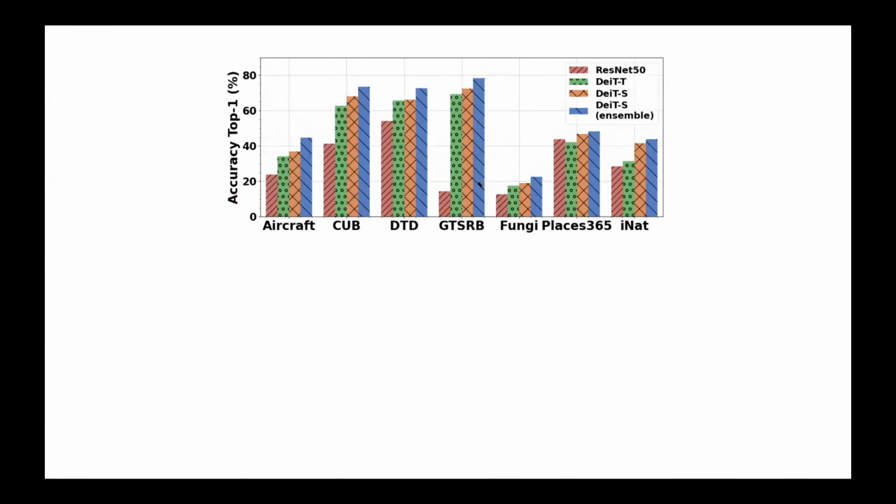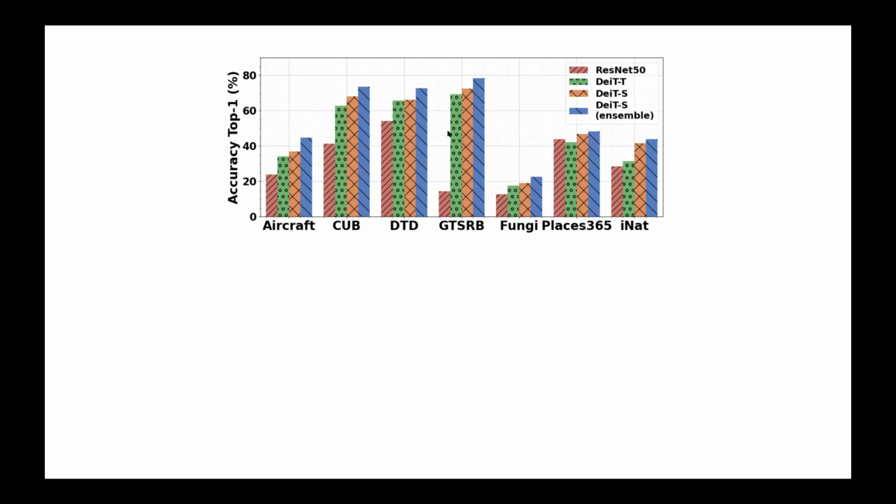Further, they did an application study on these different data sets. In the case of classification, they used a DeiT ensemble, and this was compared against the CNN ResNet 50.